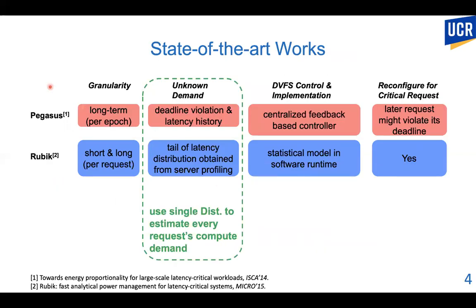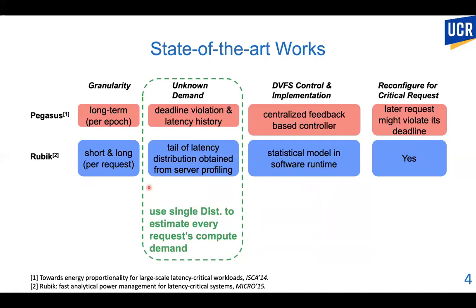Pegasus and Rubik are two state-of-the-art DVFS schemes in the literature. Pegasus has a feedback design to select the CPU frequency at every epoch granularity. When a deadline violation happens, it will only boost the frequency at the beginning of the next epoch. Rubik develops a statistical model to change the frequency at every request arrival and departure.